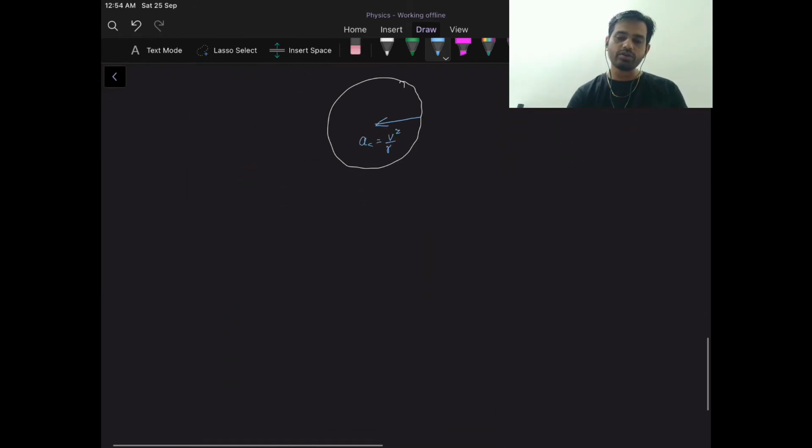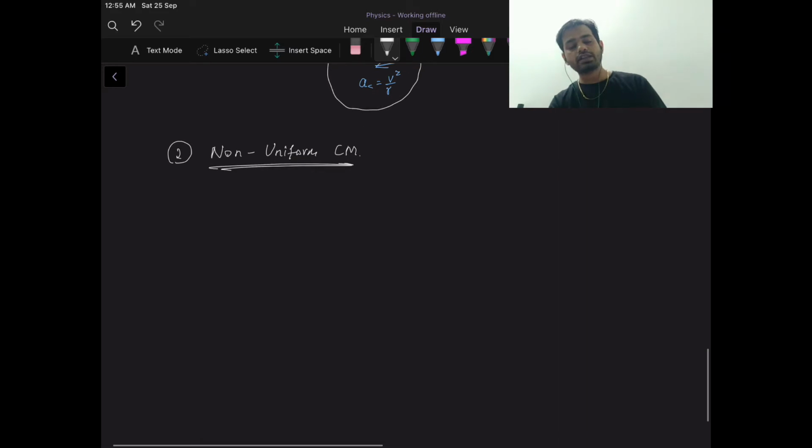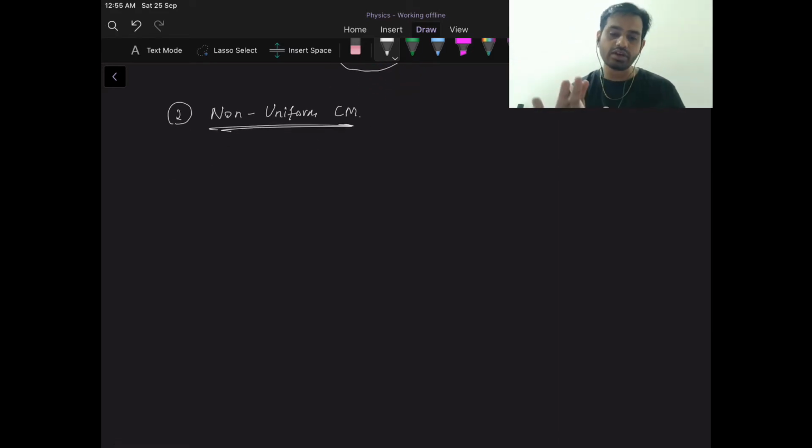Now we will try to see acceleration in case of non-uniform circular motion. Let us see.